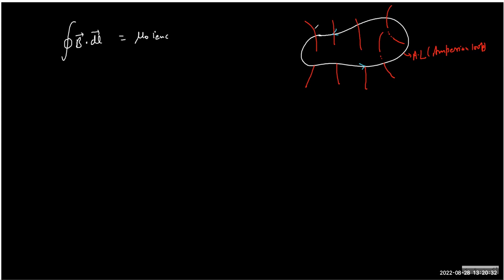Let me give the direction. I1, I2, I4. So when I say current enclosed, it means the one which crosses the surface whose contour is shown to you.